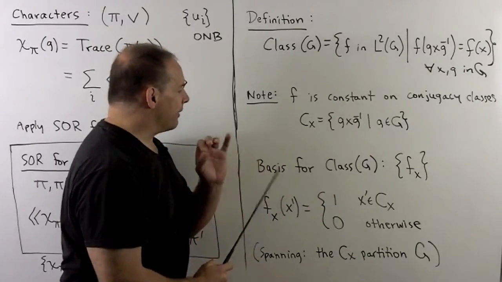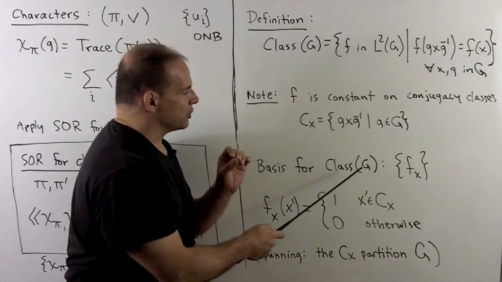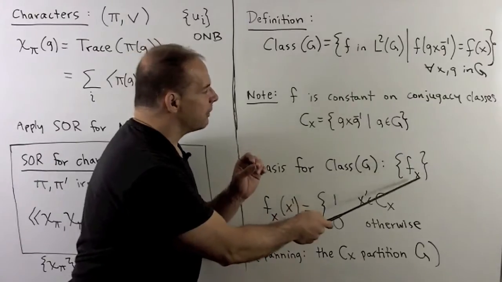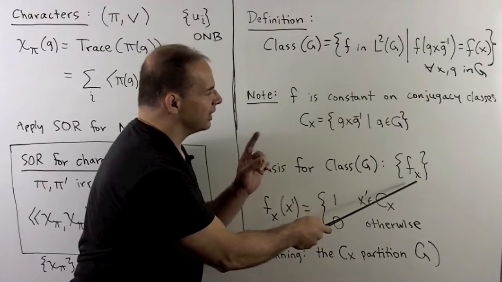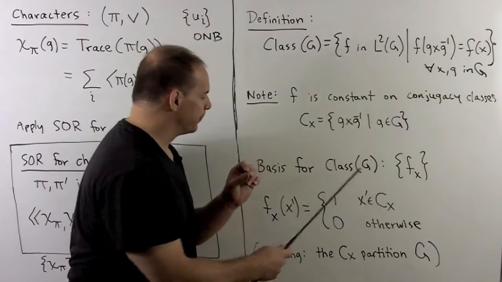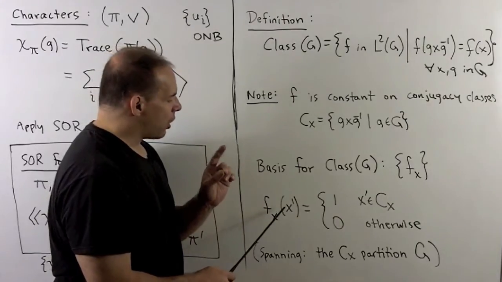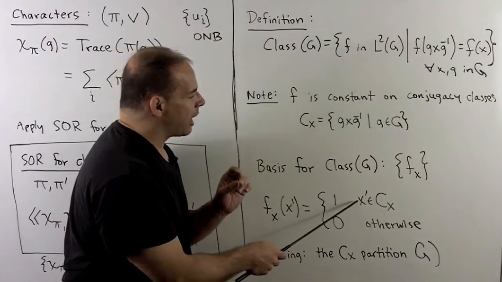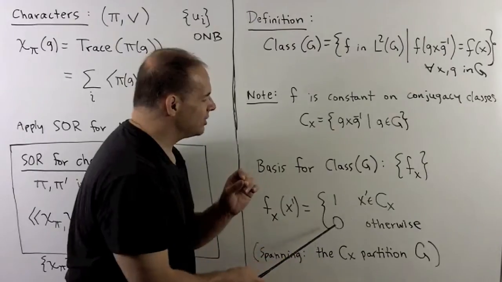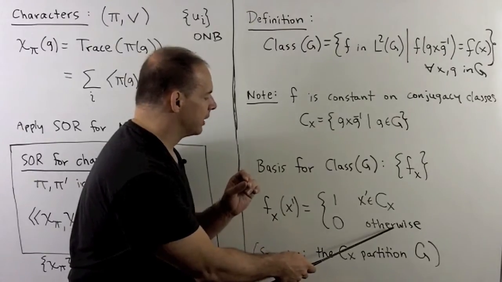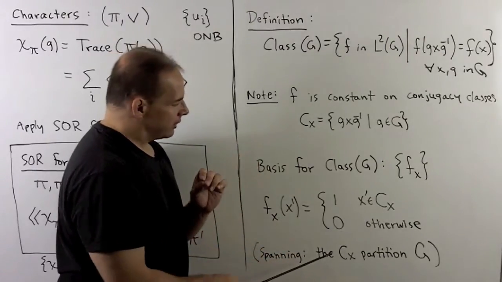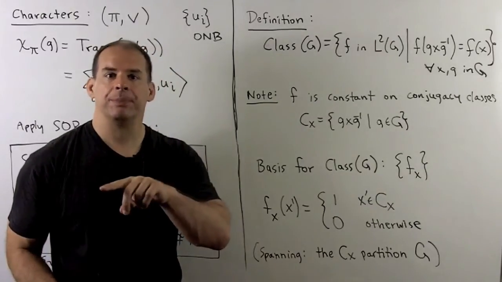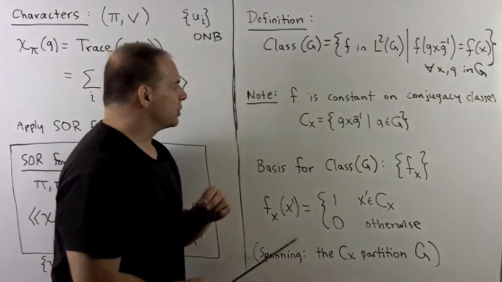Now, we have an obvious basis for the class functions on G. I'll take f sub x, where x represents each conjugacy class in G. We'll let f sub x on x prime be equal to 1 if x prime is in the conjugacy class of x, and 0 otherwise. Now, because the conjugacy classes partition G, this is going to give us a basis for Class(G).